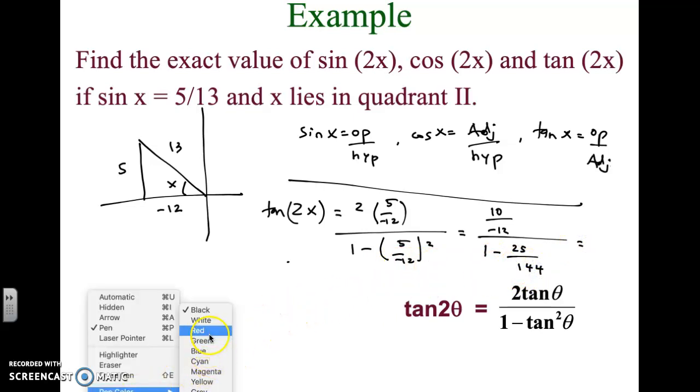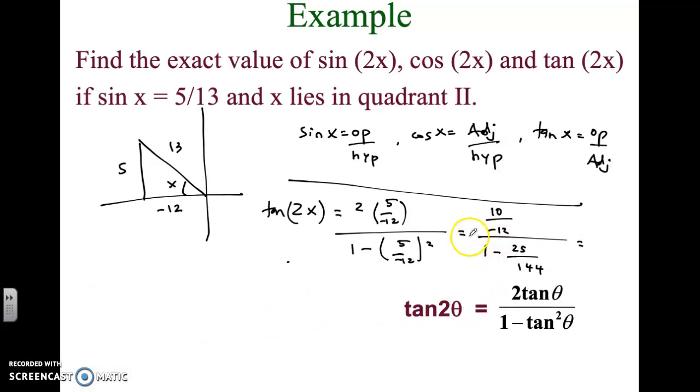I'm going to simplify. The top, let's keep it like that: 10 over negative 12. And the bottom, because I have this fraction, 1 minus 25 over 144, my denominator is 144.